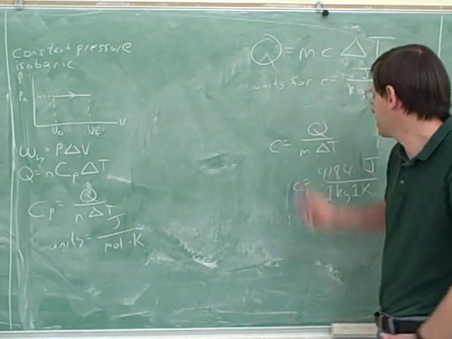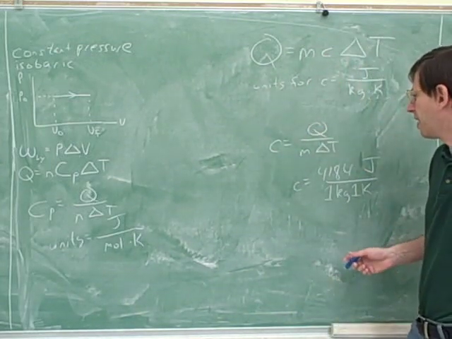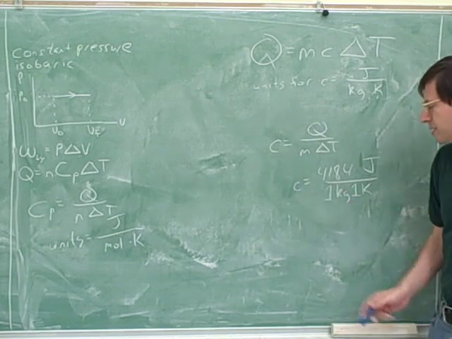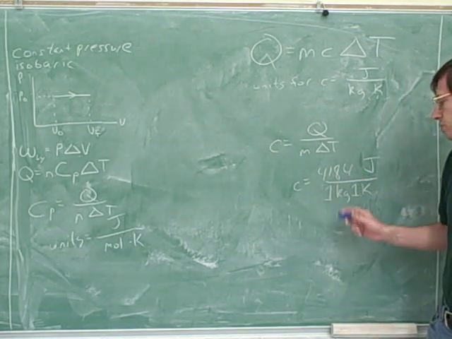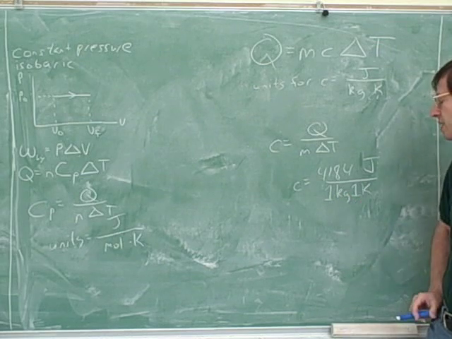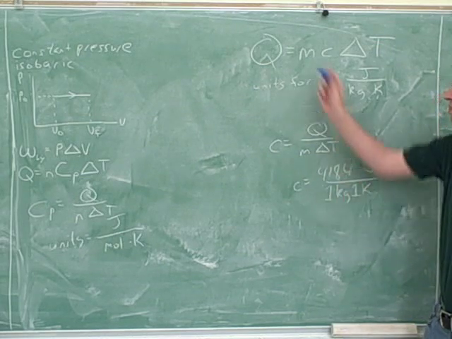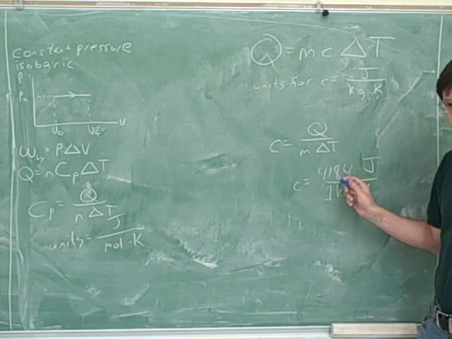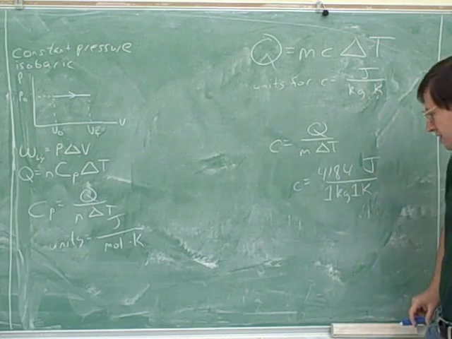Well, this type of specific heat focuses on the mass that you have, how many kilograms you have. Now remember that theoretically this tells us 4184 joules for 1 kilogram by 1 degree Kelvin, but we can still use this for any mass by just multiplying by m. For example, if you had 2 kilograms, it would be 2 times 4184 to figure out the amount of heat.